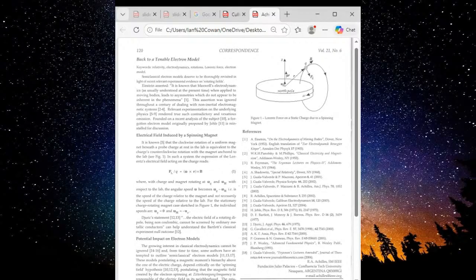Well, according to Achilles, yes, they do rotate, and that's the effect he's trying to diagram in the upper right-hand corner. So then if the magnet spins about its axis of symmetry, the amount of electric field generated near it is related to the spin. If it's zero, the electric field is zero. If it's high, the electric field is high.